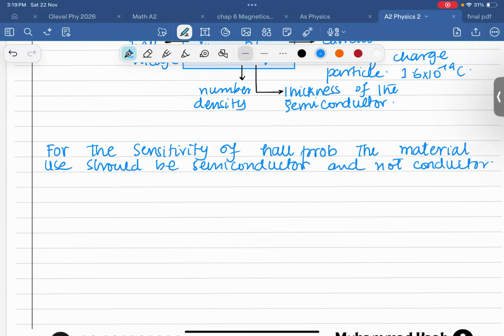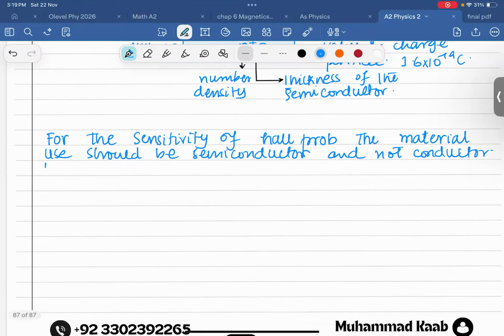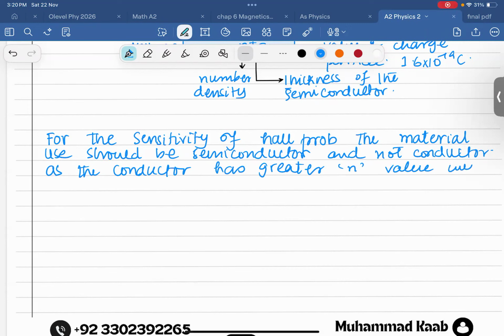And why is this so? Because a conductor has a greater n value, which gives a lower Hall voltage.